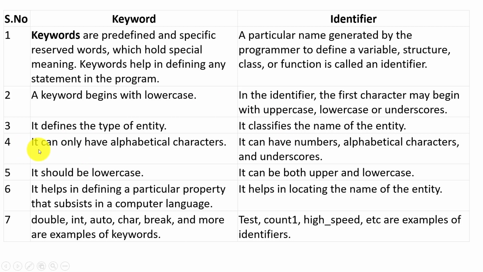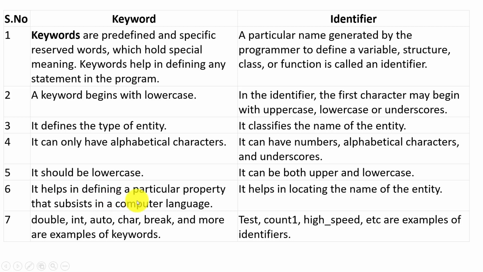The fourth point, a keyword can have only alphabetical characters, that is, only small letter or lowercase alphabets. But in an identifier, we can use alphabets, numbers and underscore. A keyword should be lowercase, and here you can use both upper and lowercase.